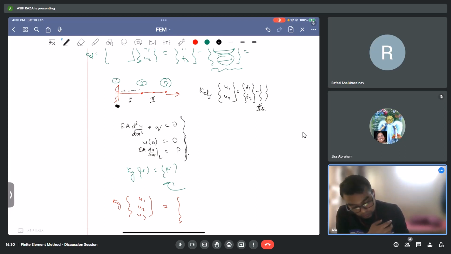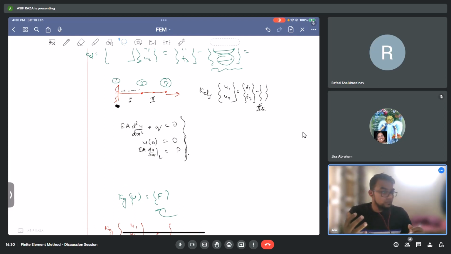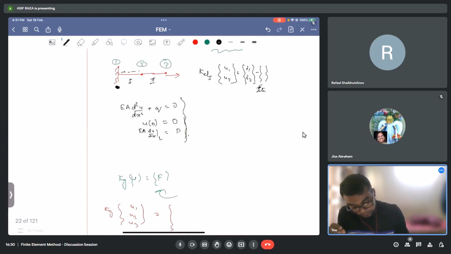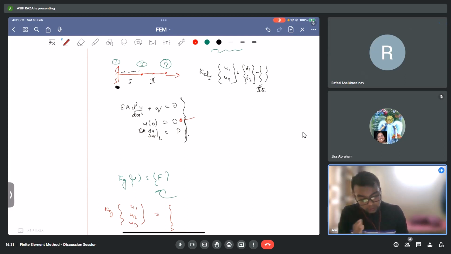Now when we get into an element perspective, that boundary condition still needs to be satisfied. I believe this boundary condition also should be satisfied. So this is still there.